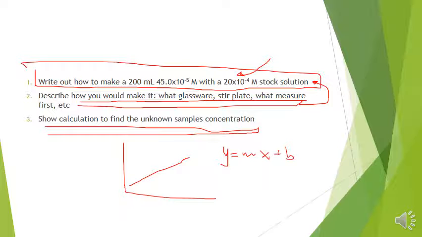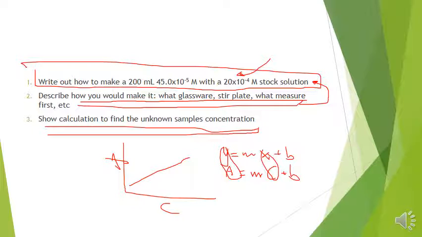Y actually is absorbance and x is concentration. So absorbance equals the slope times concentration plus b.